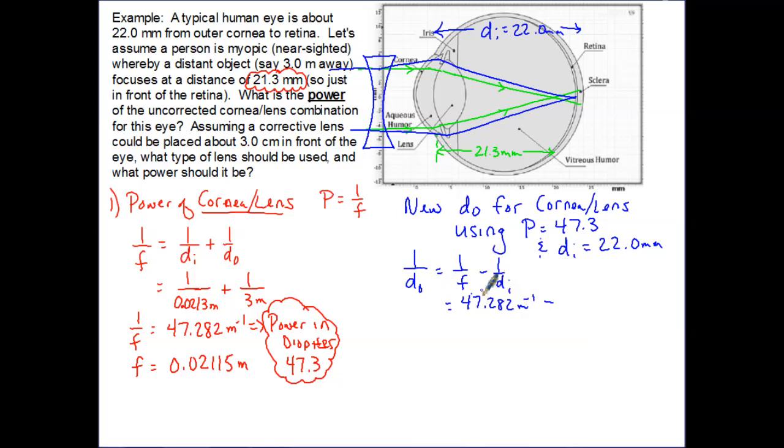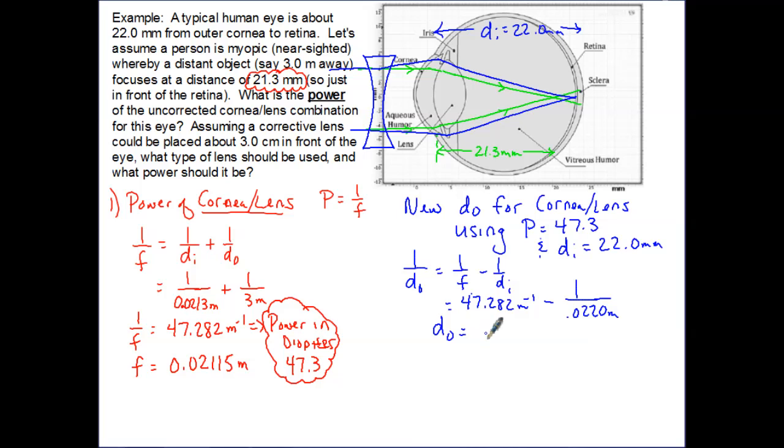Well, DI for this is going to be 1 over 0.022 meters, and so now I can find DO is just a reciprocal of this. Let's go ahead and see what that is.